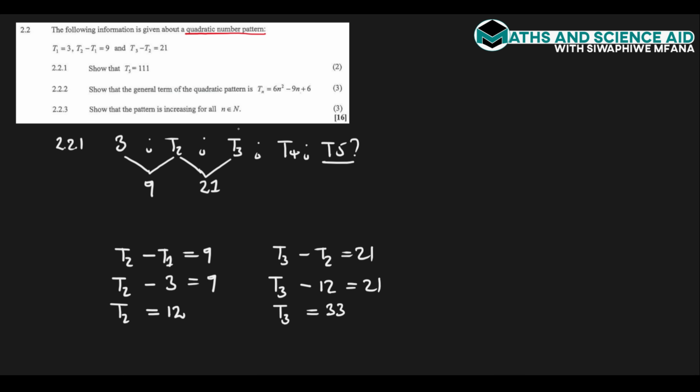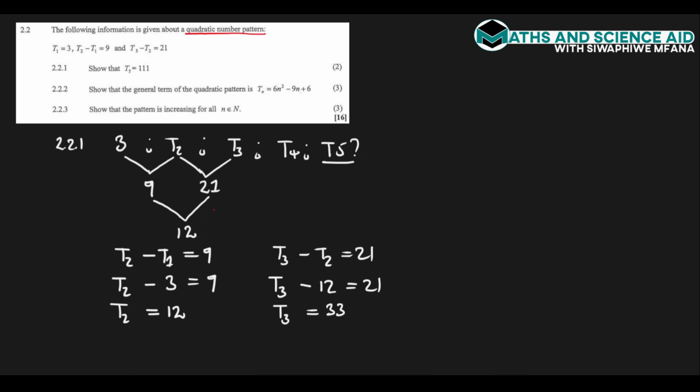Remember that in a quadratic number pattern, the second difference is constant. So in this case, we can find it from 21 minus 9, which is equal to 12. So 12 is the constant difference, okay? Here's what we are going to do. We are going to work backwards from this second difference towards T5.